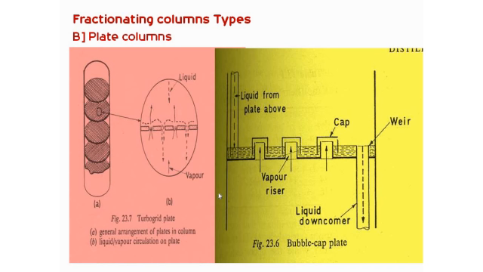You see liquid from the plate above will reach here, and this structure is present in each plate. So the condensate from here will reach here through this. Liquid from the plate above reaches here, and again it goes down, right?